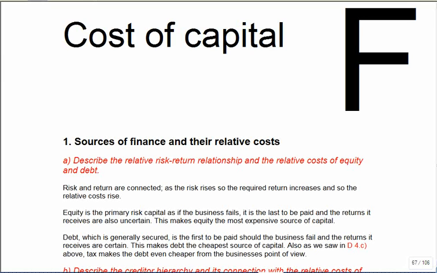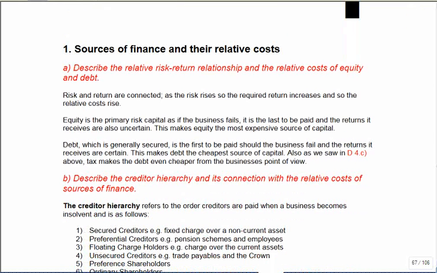And the first thing we're asked to look at is the relationship between risk and return. And with a company, it has two different types, as we've said, of finance, mainly, which is equity finance and debt finance. And the equity finance, as we mentioned already, is the primary risk, which means it takes the main risk.